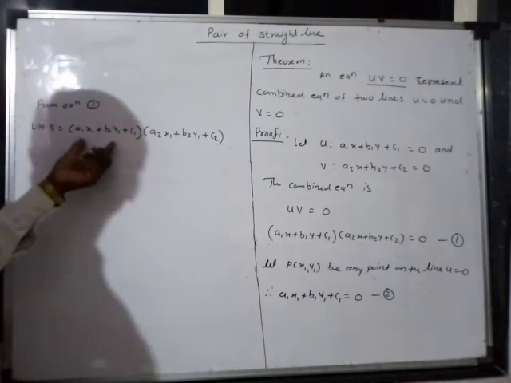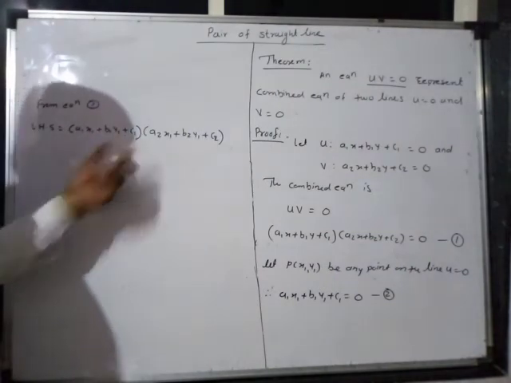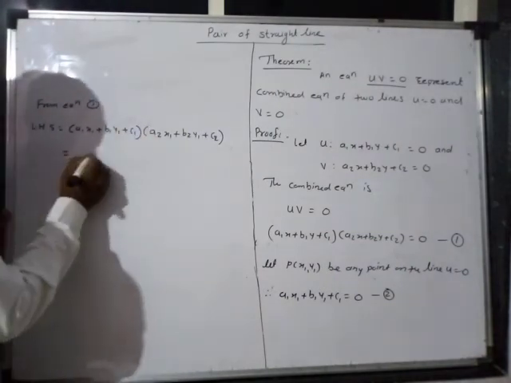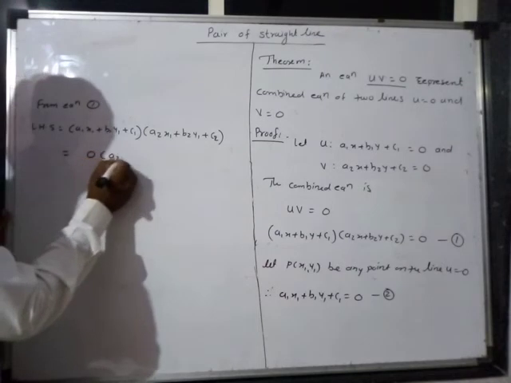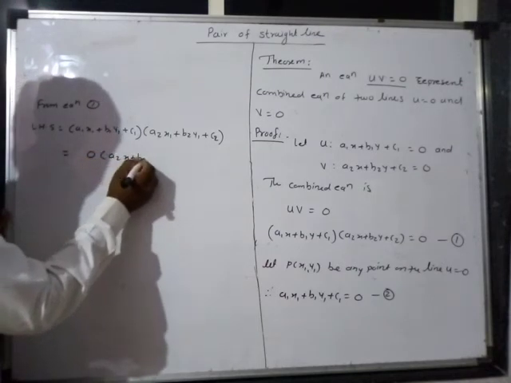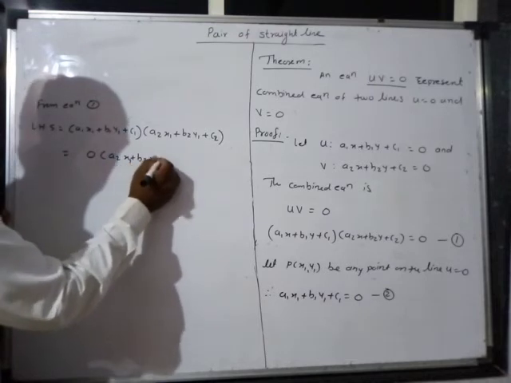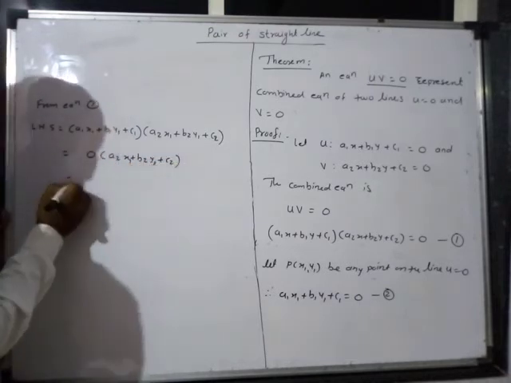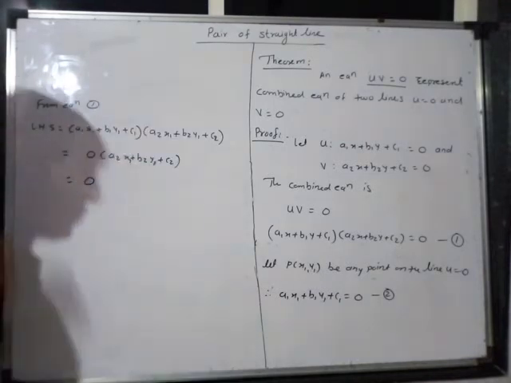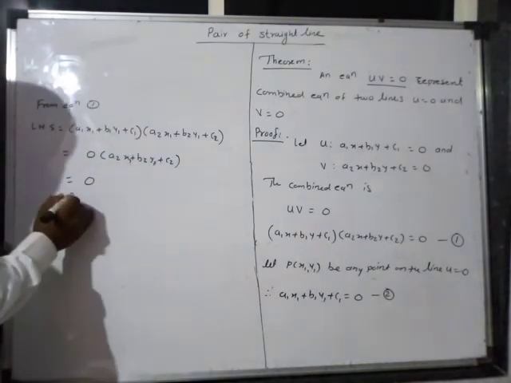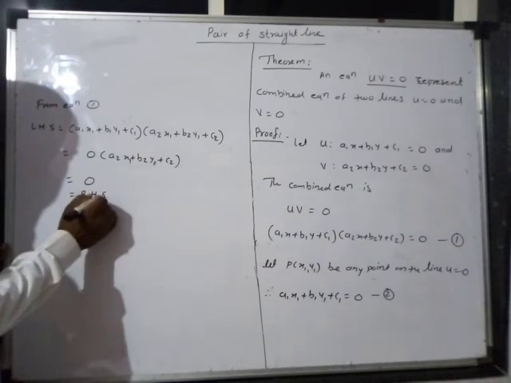So this is a1 x1 plus b1 y1 plus c1 is equal to 0. So this is 0 into a2 x1 plus b2 y1 plus c2, and this is equal to 0. 0 into something is 0. So this is the RHS.